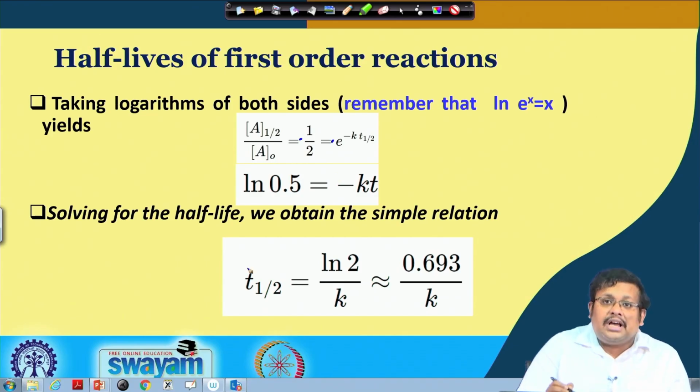So, solving for the half life, we will get a value of the half life equal to 0.693 by k. So, we obtain this simple relation, that is T half equal to 0.693 by k. So, from this relationship we can calculate half life of any first order reaction.